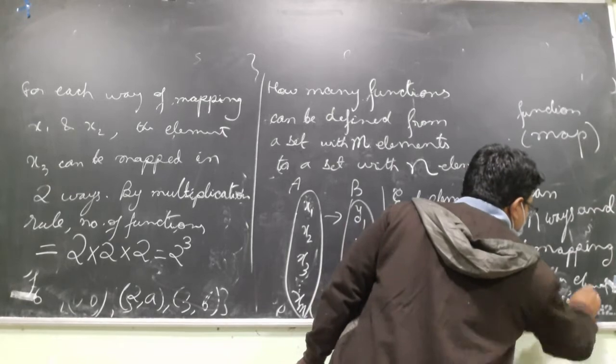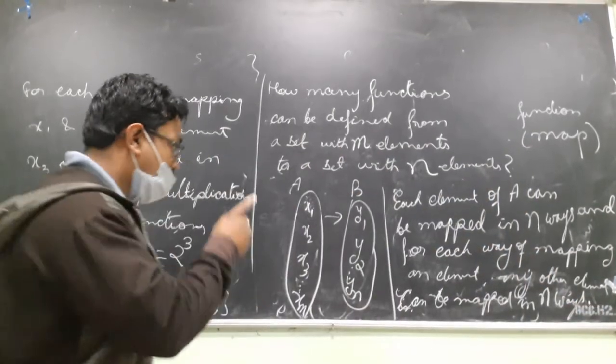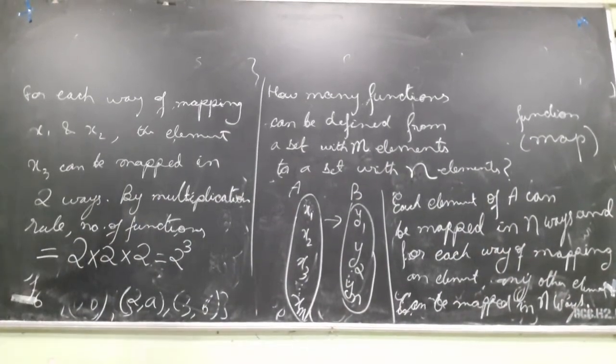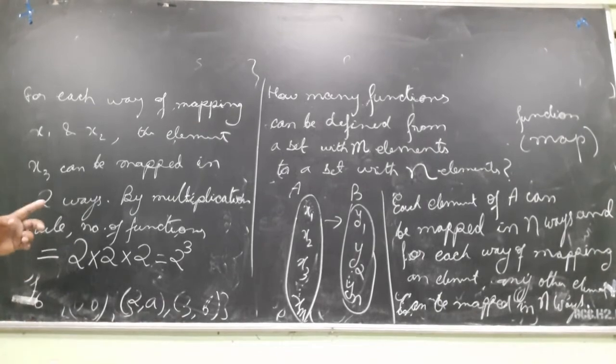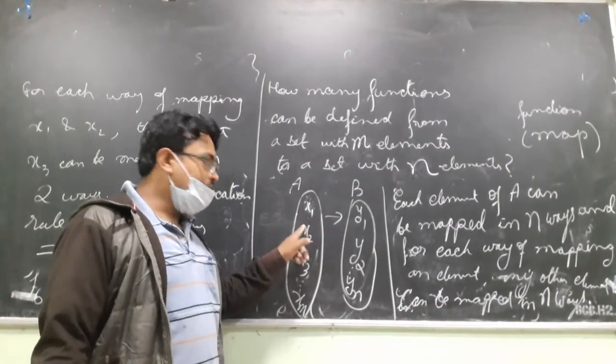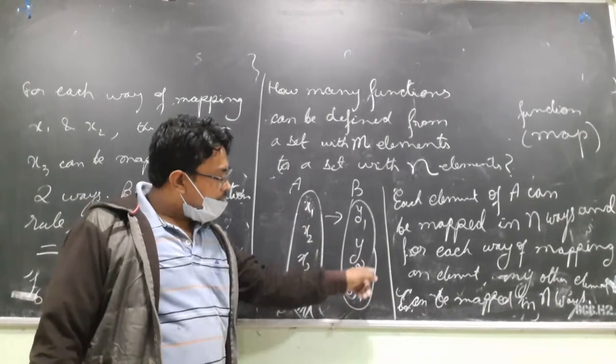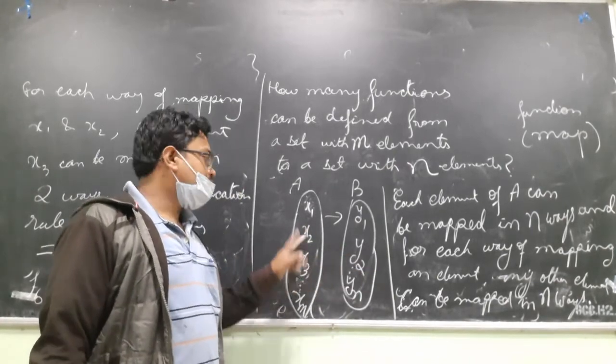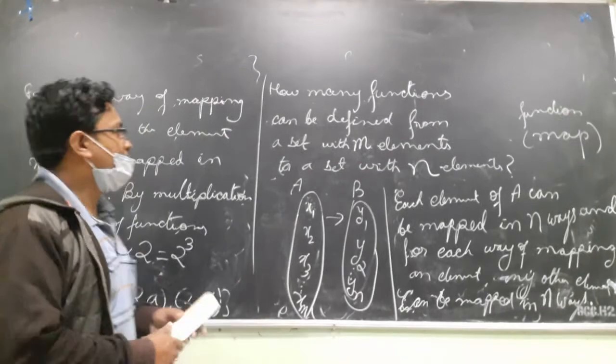So here comes the multiplication. Each element of A can be mapped in n ways, and for each way of mapping one element, another element can also be mapped in n ways. So we can apply the multiplication rule.